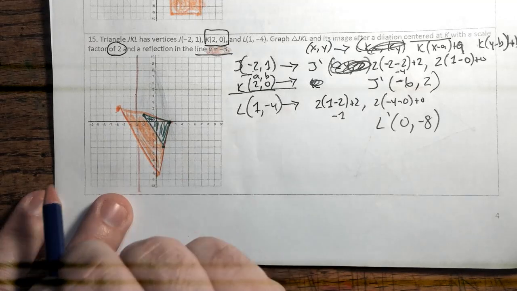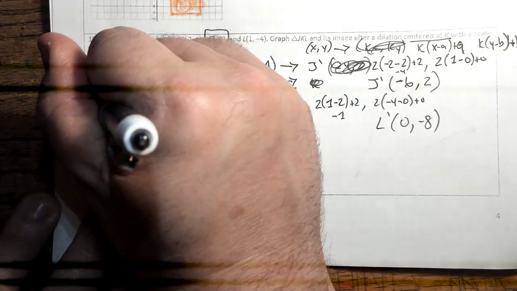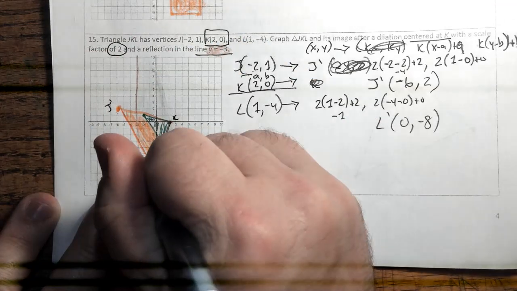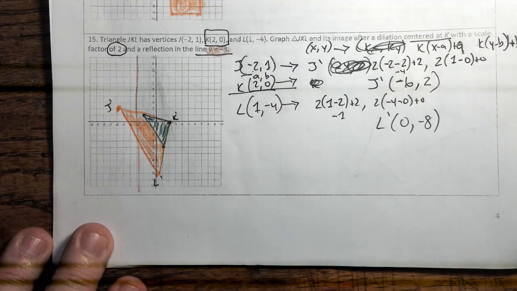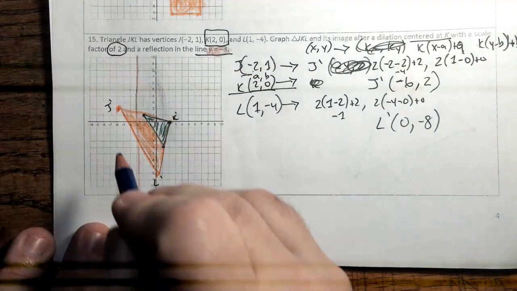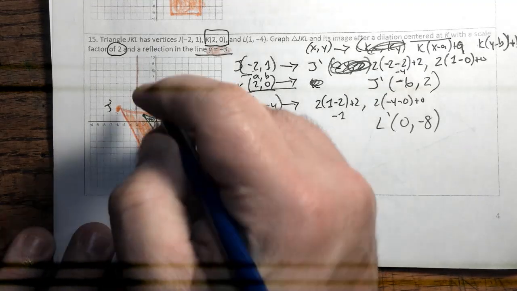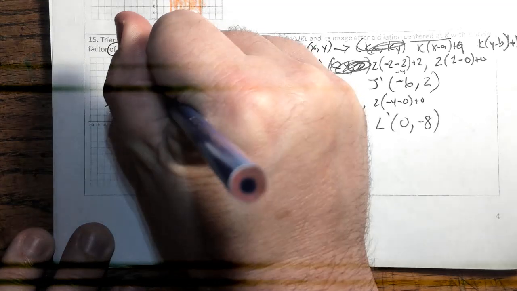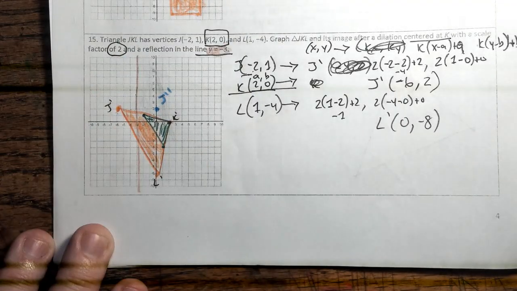So we're going to start with our J prime. So this is K, which didn't move, and this is L prime. Even though it didn't move, we're still going to change them all to prime at the end. So if we're reflecting in this line, notice this guy is 1, 2, 3 over. So we're going to go 1, 2, 3 over here. So J prime becomes 0, positive 2.